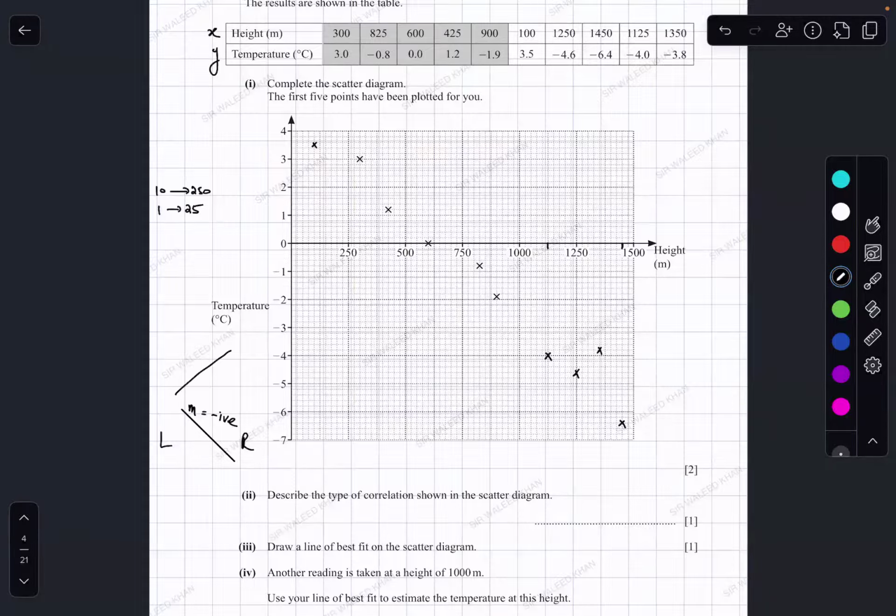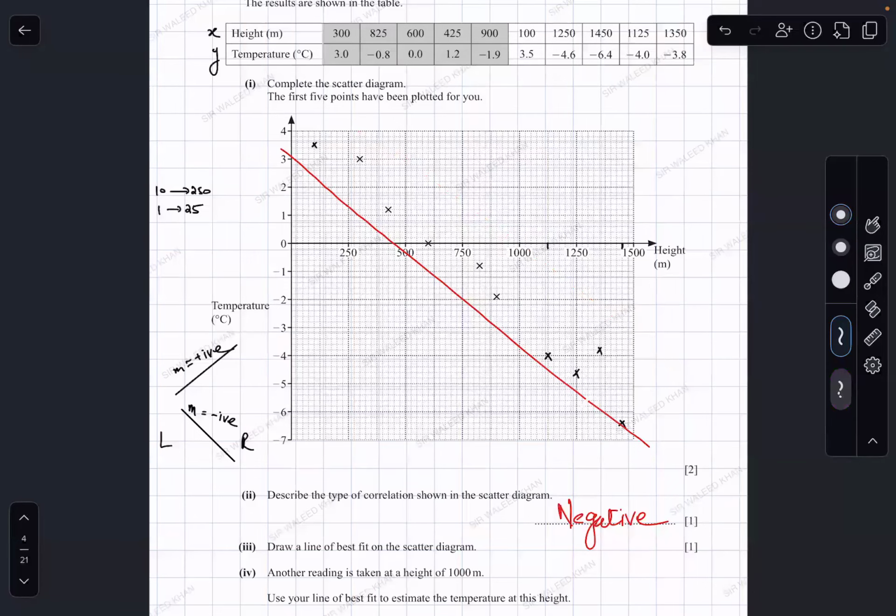If this would have been upwards, the gradient is positive, so is the correlation. So just remember it by that. So here this is negative correlation. As you can see, the whole graph is in a downward trend. All the points are going downwards.